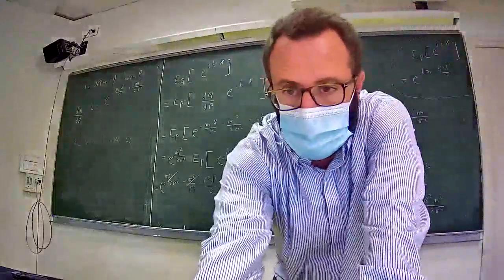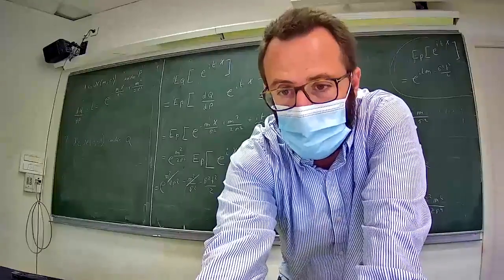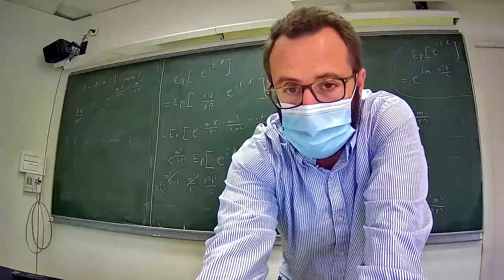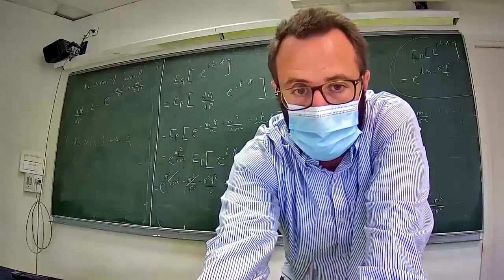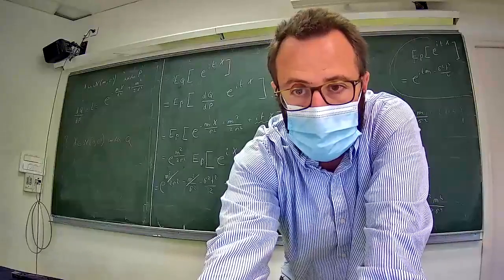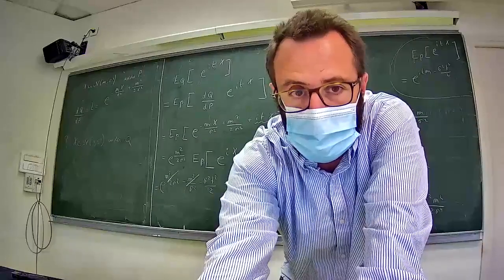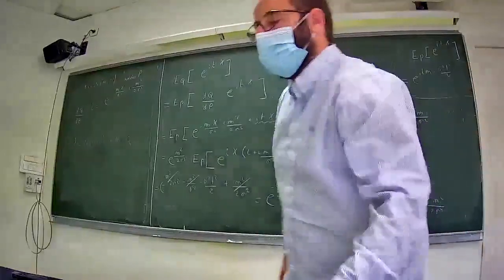Okay, so at the beginning of chapter 1 you have a historical explanation of where the Brownian motion comes from, not in finance, so read it at home, okay? And I start the chapter with the definition of the Brownian motion.